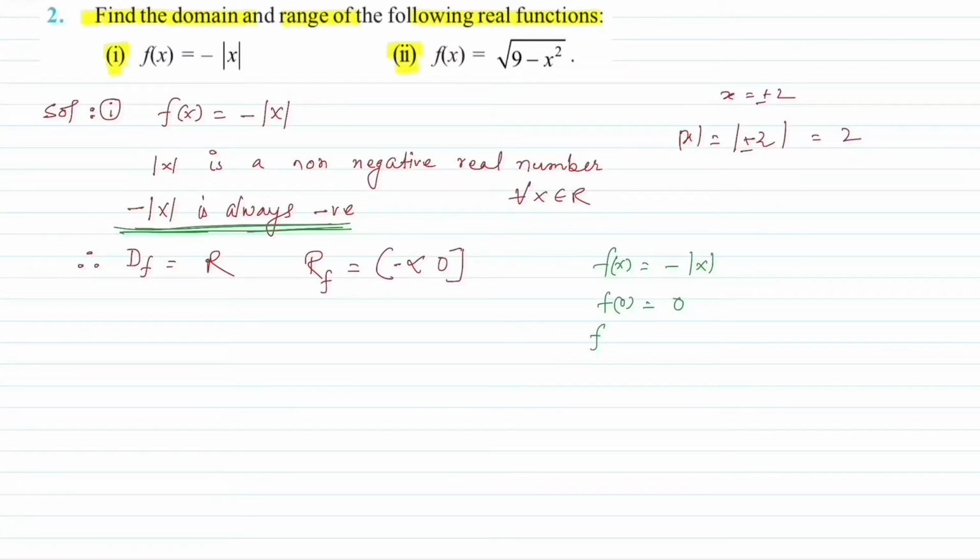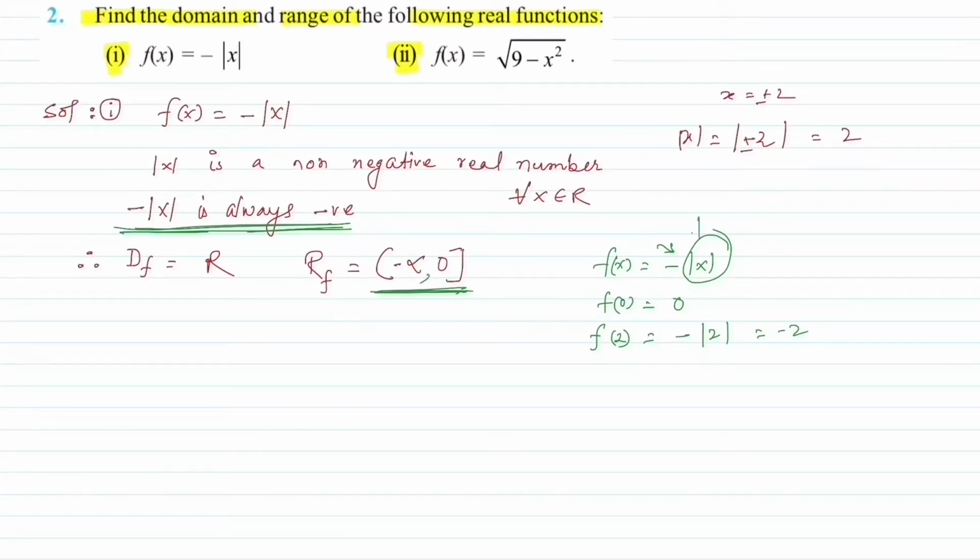And for any negative or positive numbers, suppose if you put +2, then we will get minus mod of 2, that is -2, isn't it? So mod of x is always positive. That's why negative of it must be always negative, and we cannot get positive numbers in the range. That's why the range is represented by the interval from 0 to minus infinity.